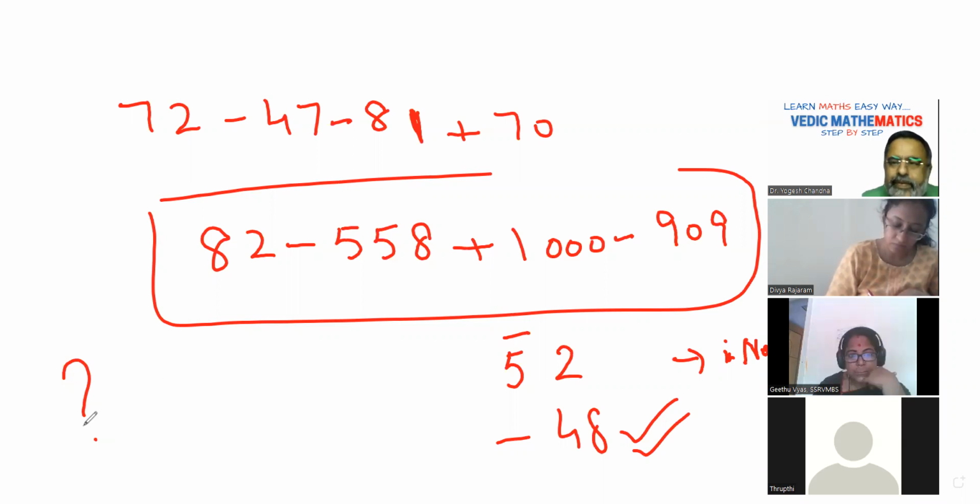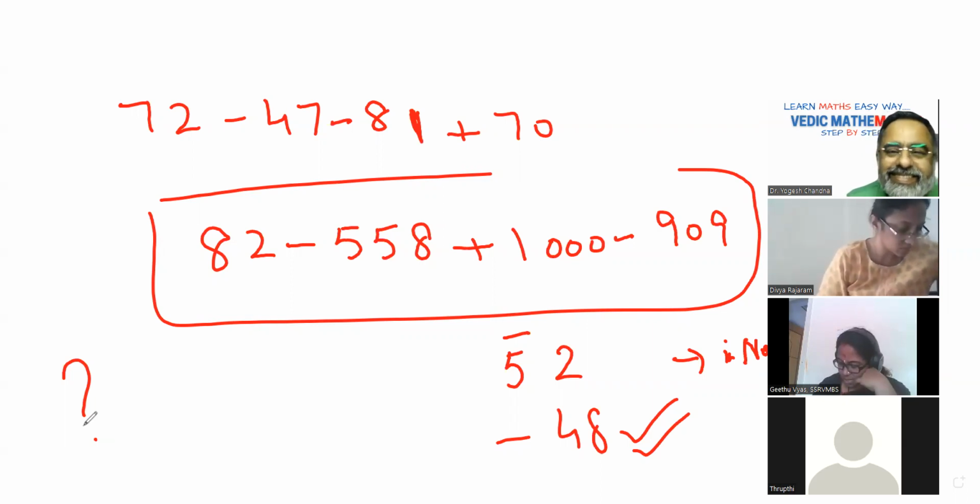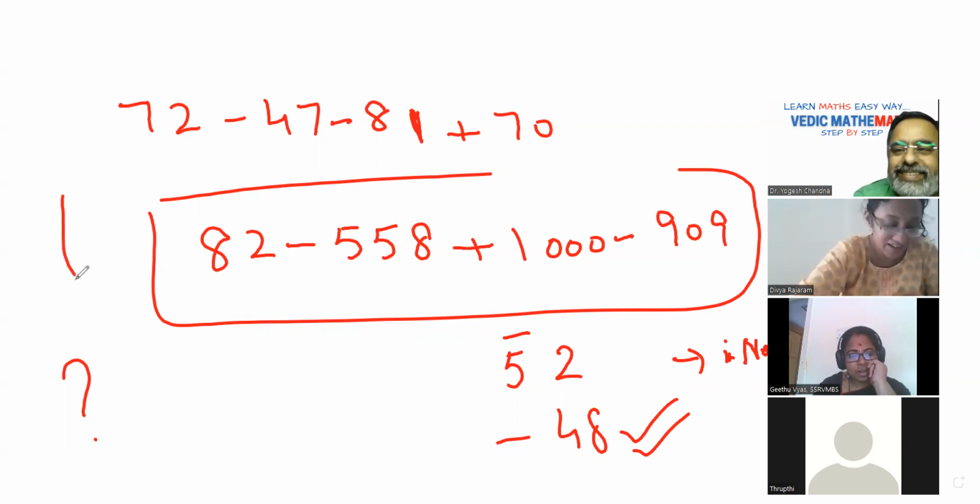Sir, it's 4 bar to 5 bar, but after that I'm not getting how to continue. It's not minus 425, no? Not minus 425. Anybody who could find the answer? Okay, my answer is wrong, sir. I'll do it again. All right, chalo.